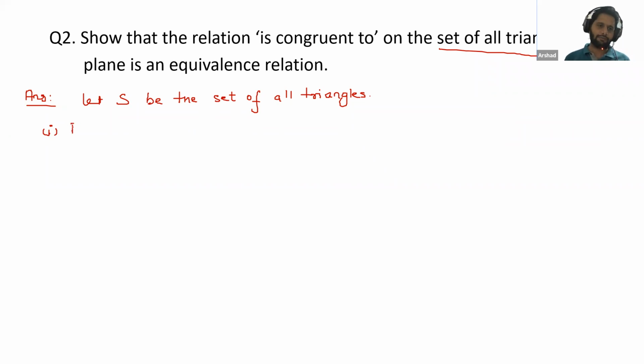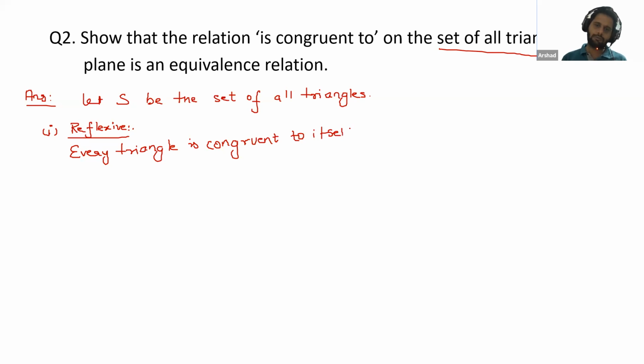So first is reflexive. We know that every triangle is congruent to itself. If you take the same triangle, then definitely both the triangles are the same, so both are congruent. So we write: every triangle is congruent to itself.